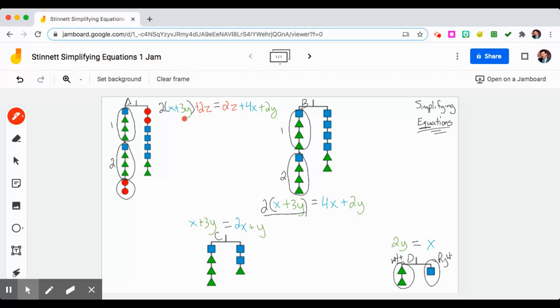Equation to equation. There's something we're doing to this equation right here to find this equation, to find this equation, to finally find this equation. And you can either use the hanger diagrams, or you can use the equations to go step by step. So let's look at the diagrams.